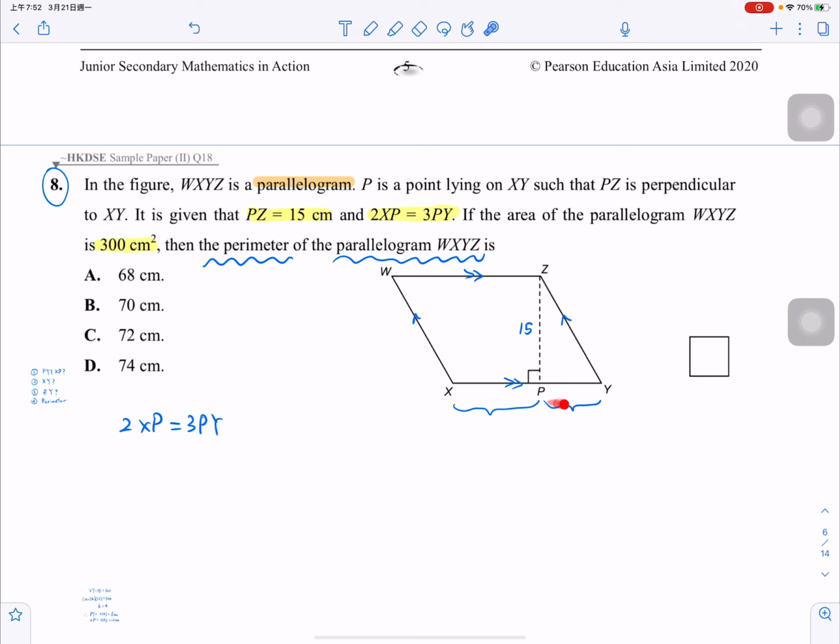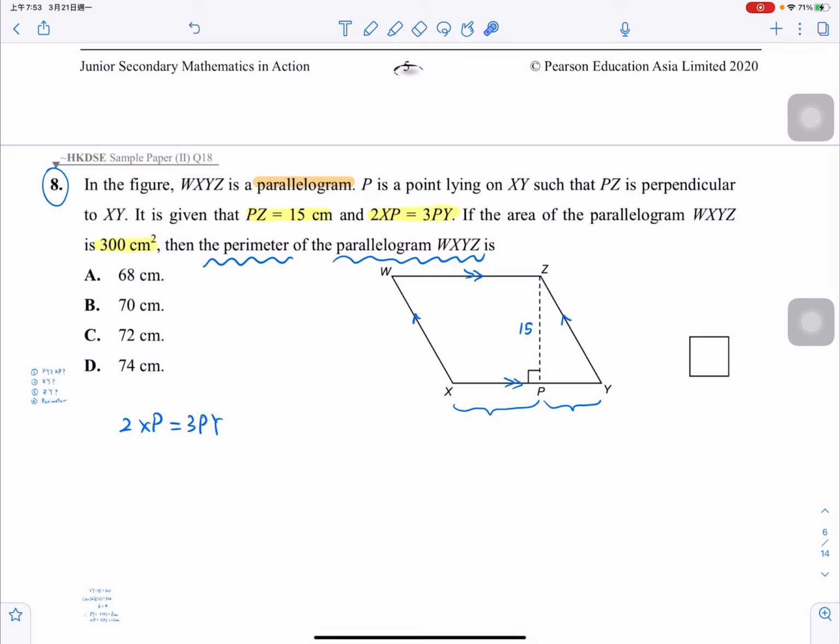Try to think: XY is separated by P, and what is the ratio of these two lengths, XP and PY? We can start from here later, and what you need to find is the perimeter. If you know this length, then all done.